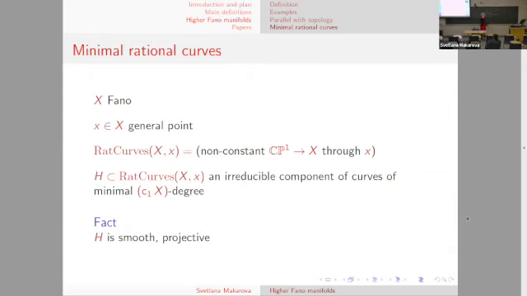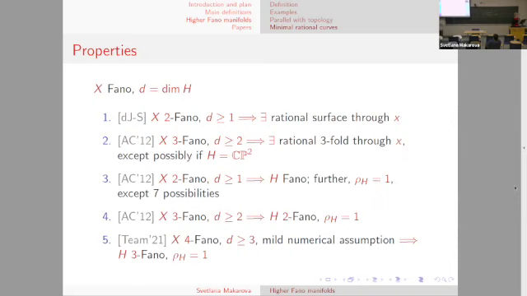And we can ask questions about rational connectedness for H. Okay, and here is a list of results that draw this analogy with higher connectedness. If we fix a number D, we say that D is the dimension of H, the dimension of the space of minimal rational curves.